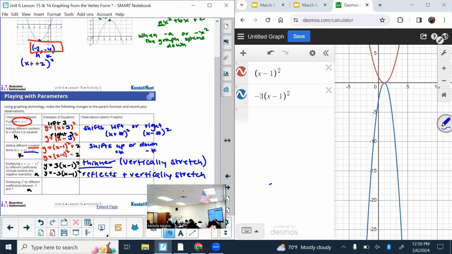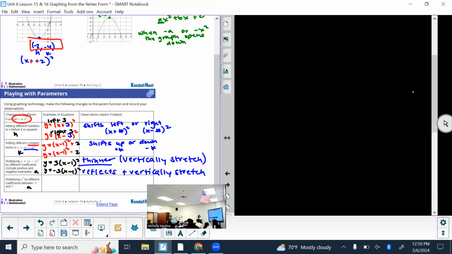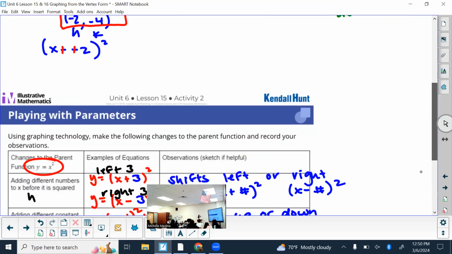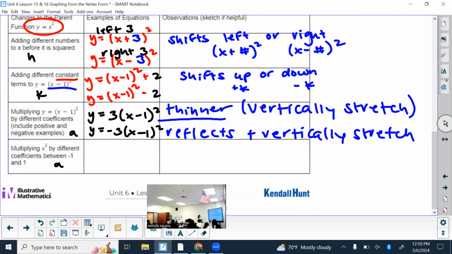Table 4, what about multiplying it by a different coefficient between -1 and 1? What's something you could have multiplied it by? Say 5. 5 is not between -1 and 1, so pick another number. What did you say?